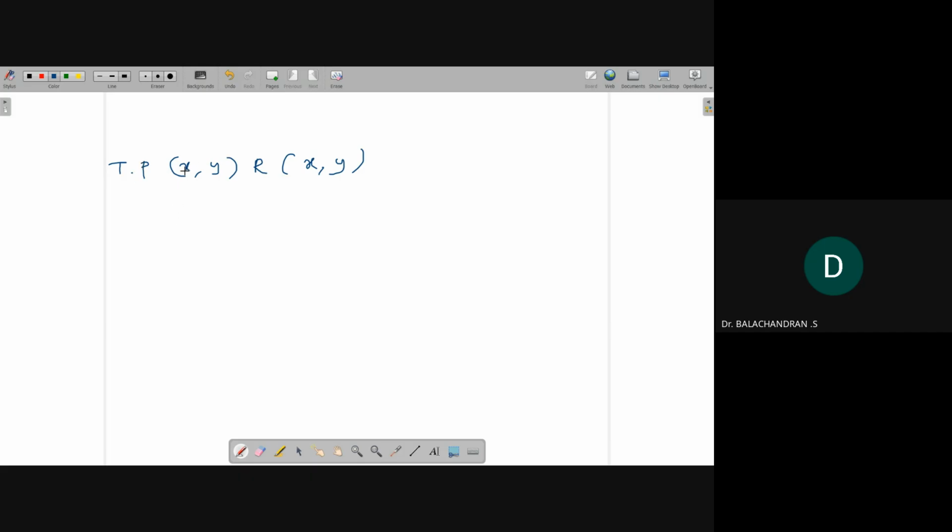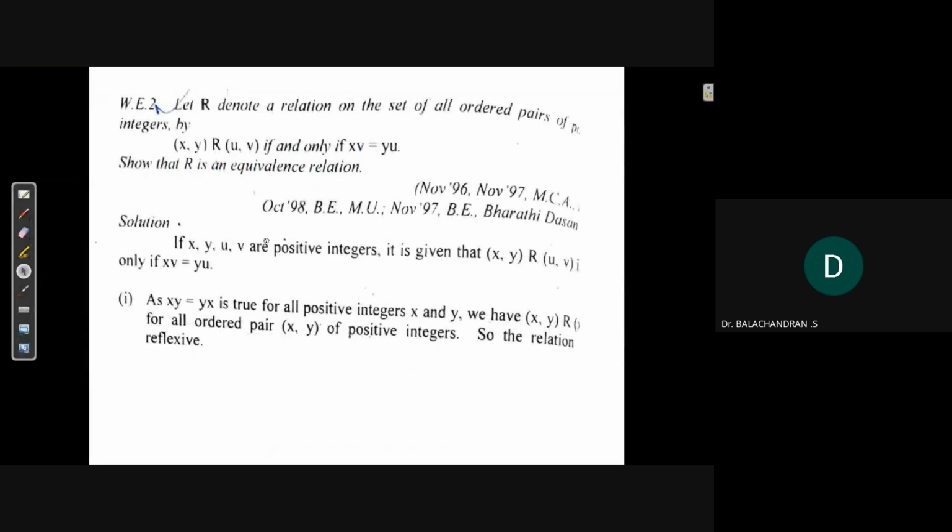I need to prove first into last, first into second, x into y is equal to second into first, y into x. I should prove. But this is true in general. xy is equal to yx for every (x, y) belonging to what? What is your set?